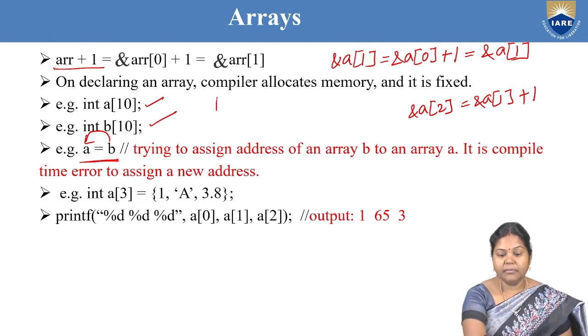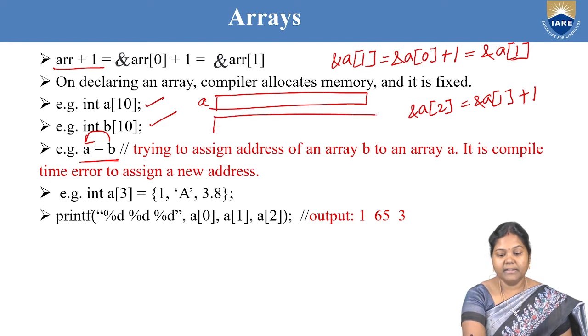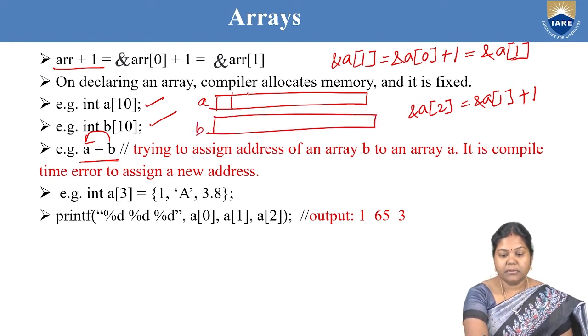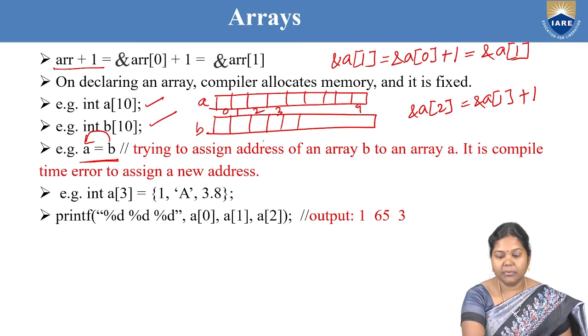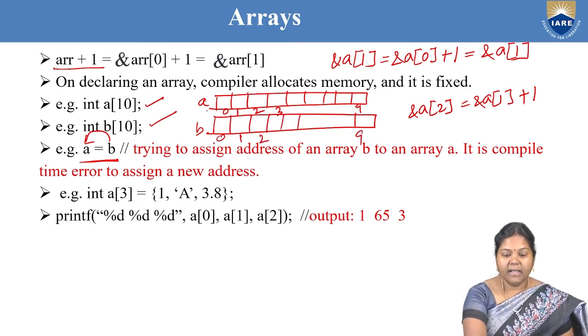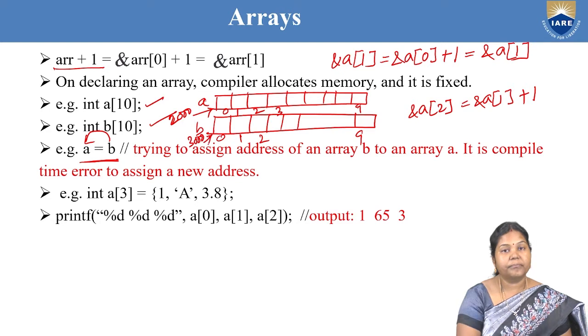Because you have to understand that A is an array and B is another array. Suppose the index numbers are from 0 to 9, and here also the index numbers are 0 to 9. Now, A will have a different address. Suppose the address of A is 2000 and the address of B is 3000.